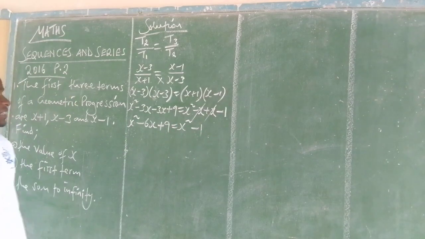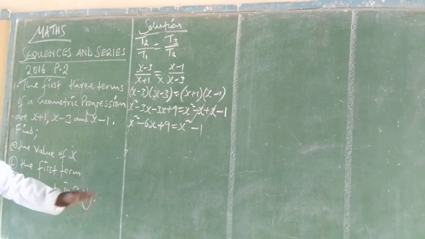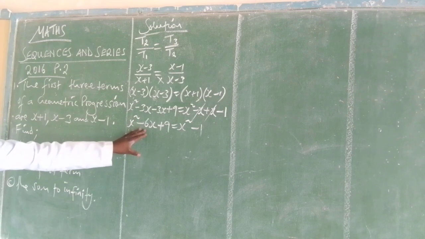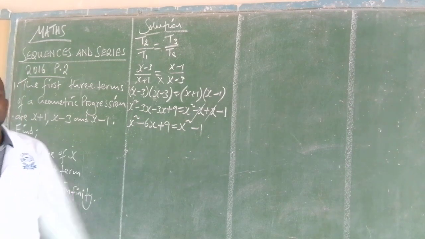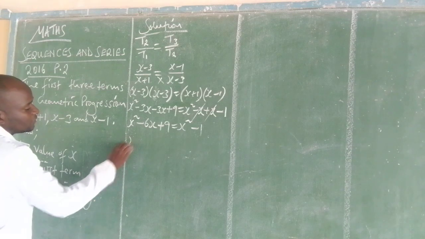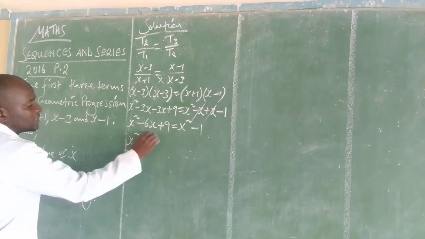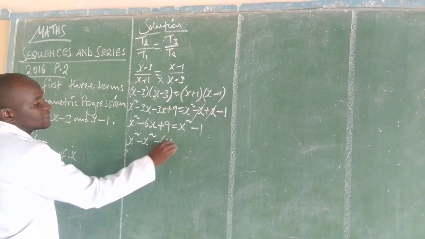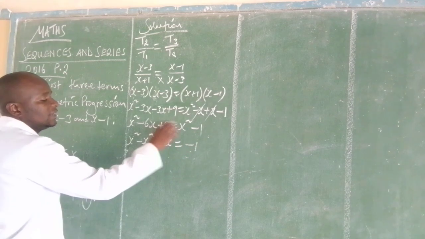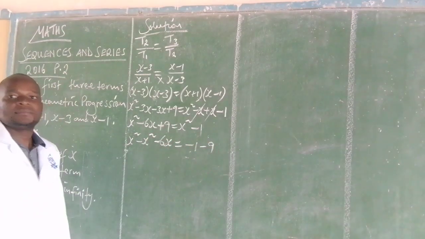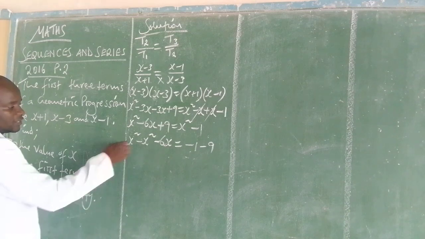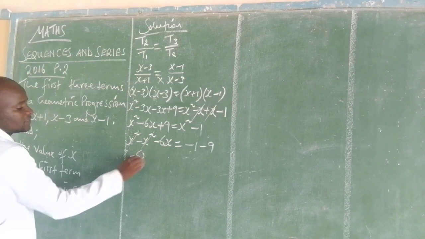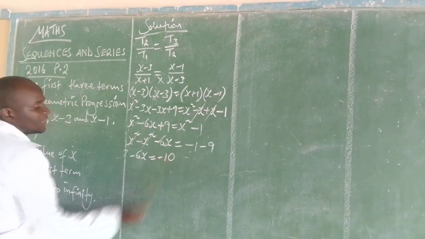Now we put the terms with the variable on one side and the constants on the other side. x squared minus x squared cancels, we have negative 6x equal to negative 1, and the 9 becomes negative 9, so we remain with negative 6x equal to negative 10.